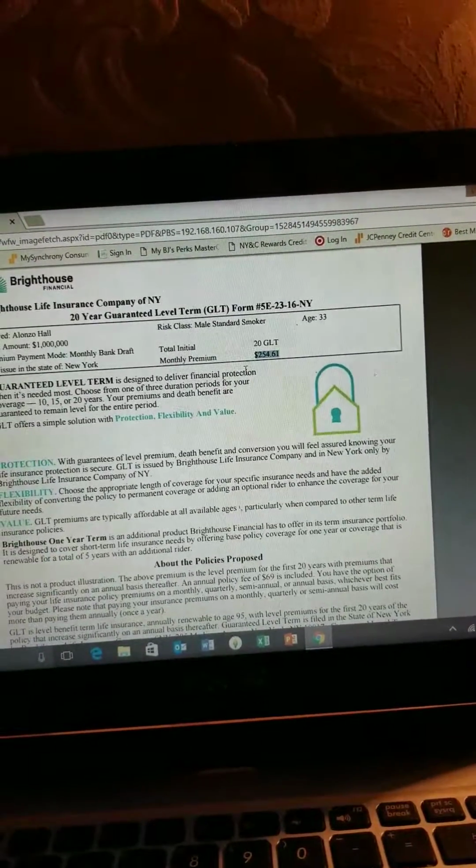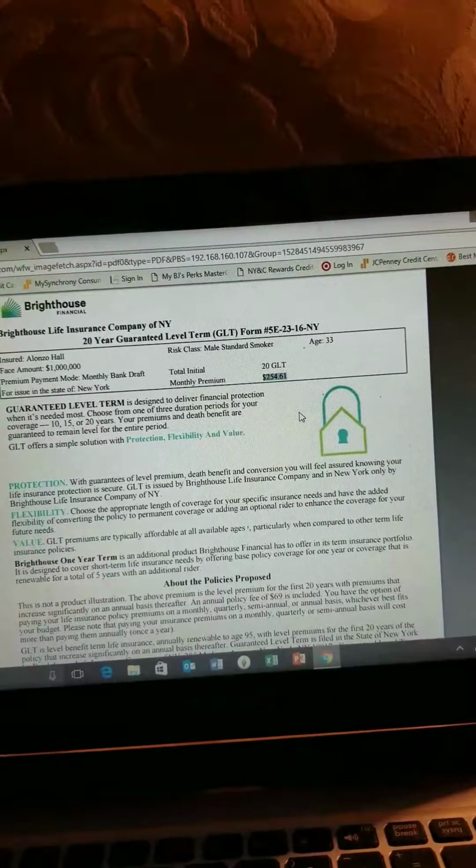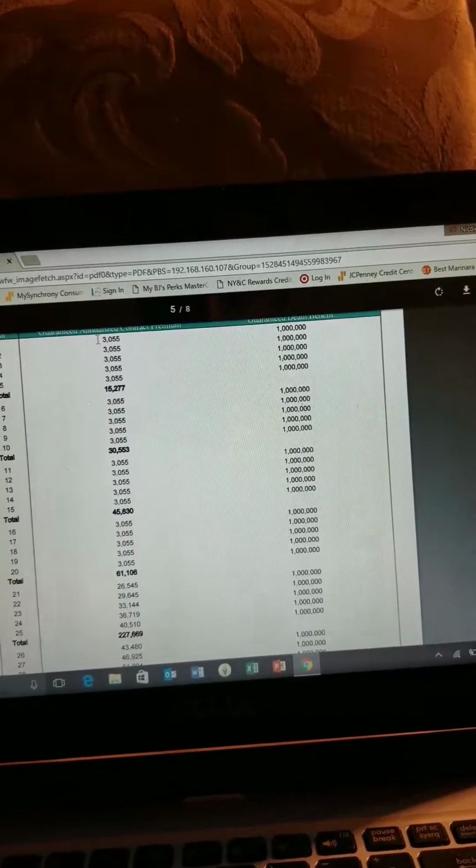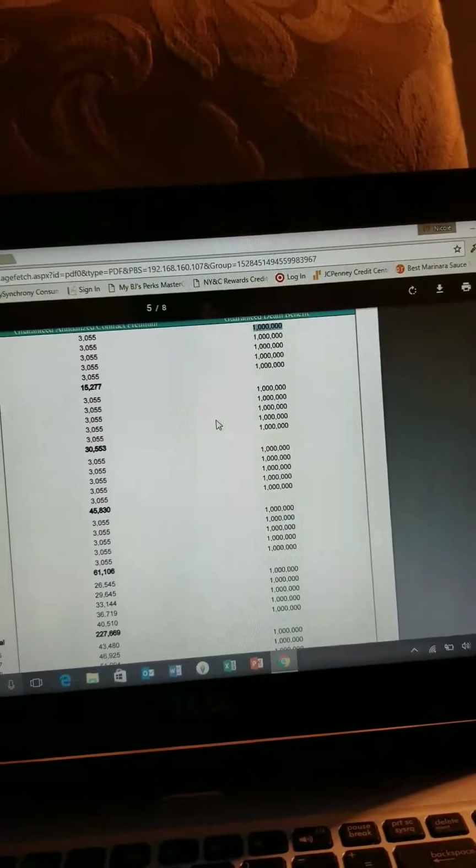This same policy, everything else is exactly the same, except I changed it from non-smoker to smoker. And the price has damn near literally tripled. It now went from $90.81 a month to $254.61 a month. If we look at the amount of years, you're going to pay $3,055 a year, but you're still leveraging dollars because you're going to get $1 million should anything happen.